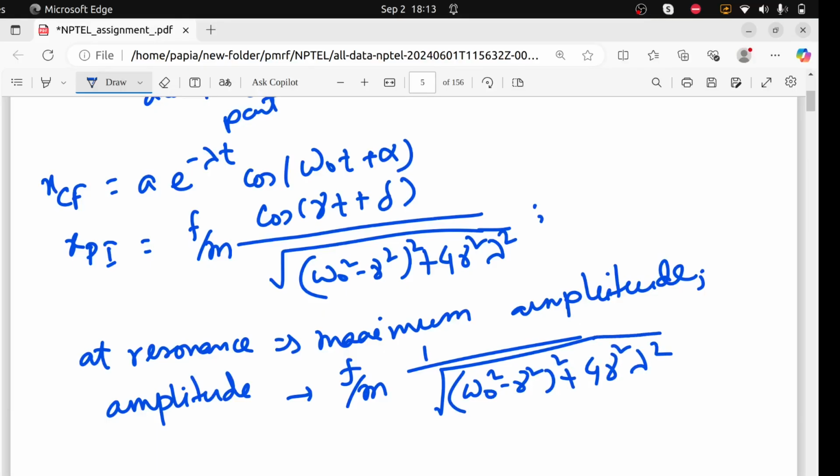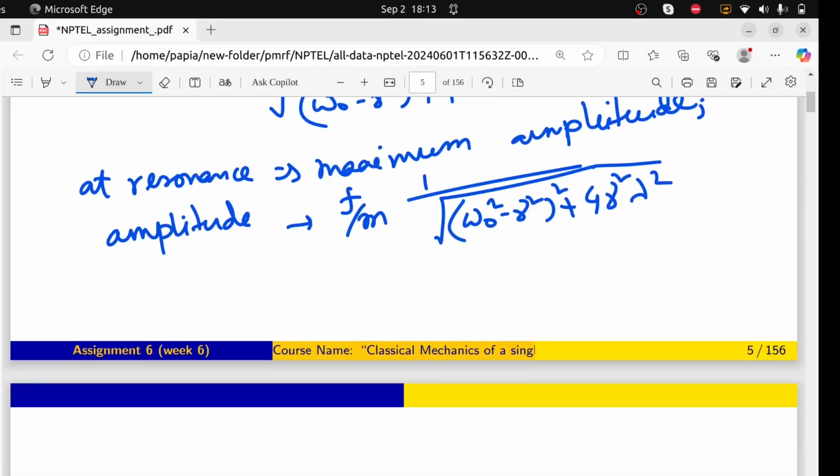To get the maximum value, let's say this is A, so dA by d gamma, not lambda, it will be gamma, because I want to know at which gamma value we have the maximum amplitude.